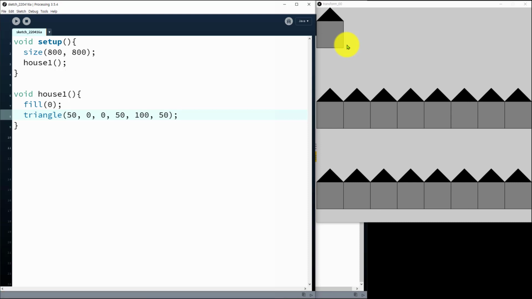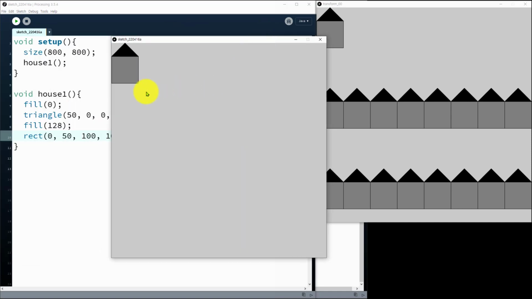So this is for the triangle. So let's make the wall. Fill using gray color. I need a rect function. So the left top corner should be 0, 50, and the width and height should be 100 and 100. So yeah, that's for the house, right? So with these things, we have the house image.